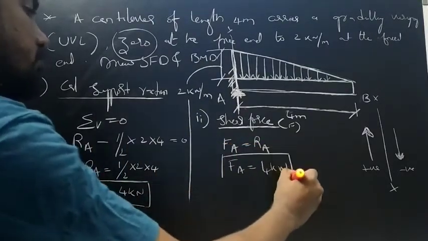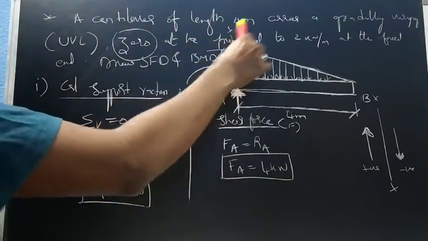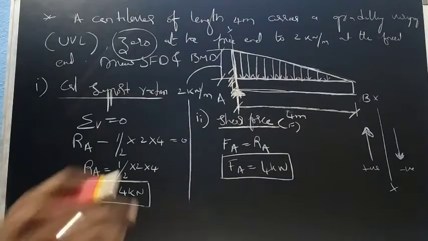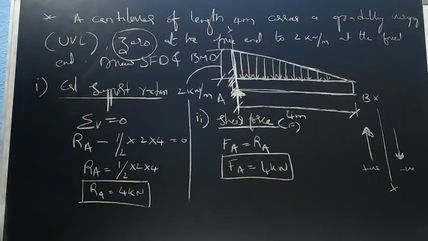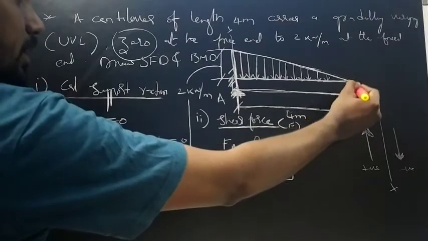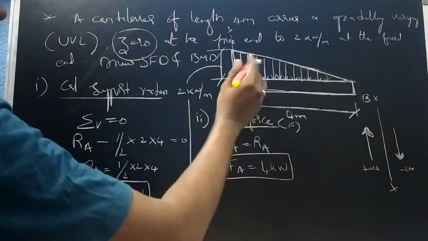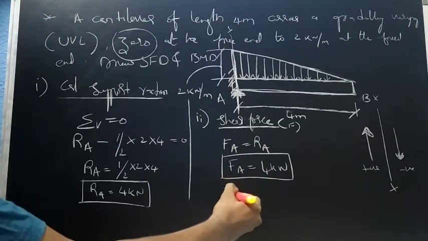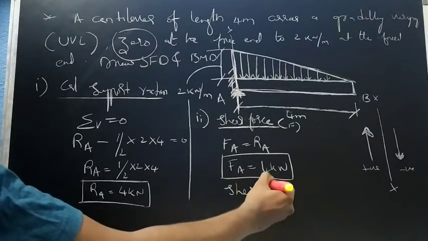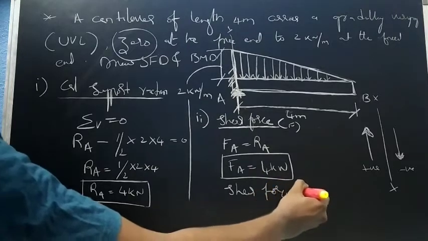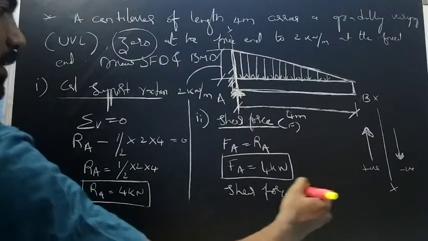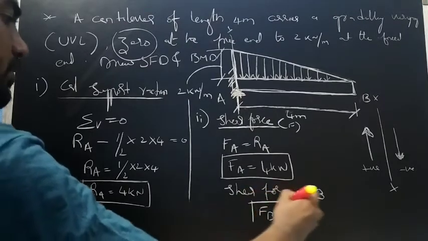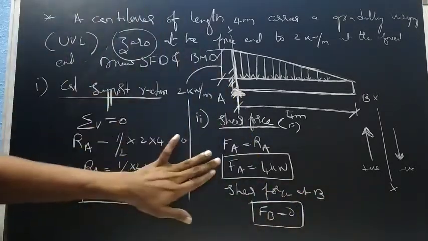We got shear force at A. So now I'm moving this to B. So we know that shear force at B, and there is no load applied on the free end of the cantilever beam. That means it is having 0. So shear force at B, that is FB, equals to 0. Okay, so I got FA and FB.